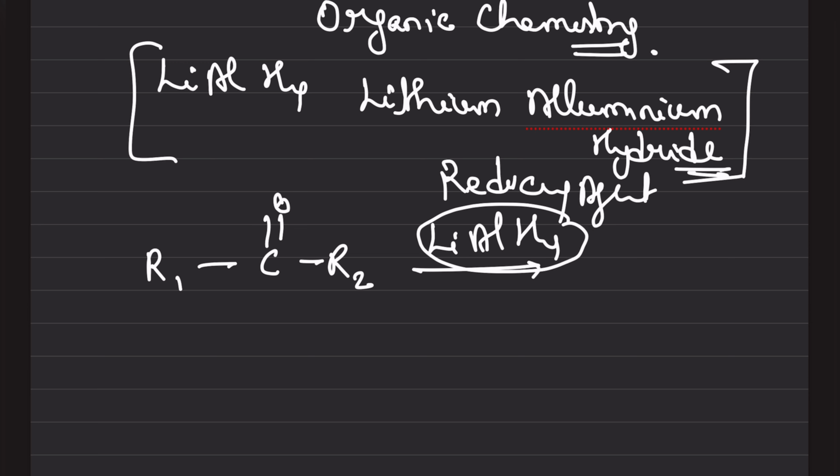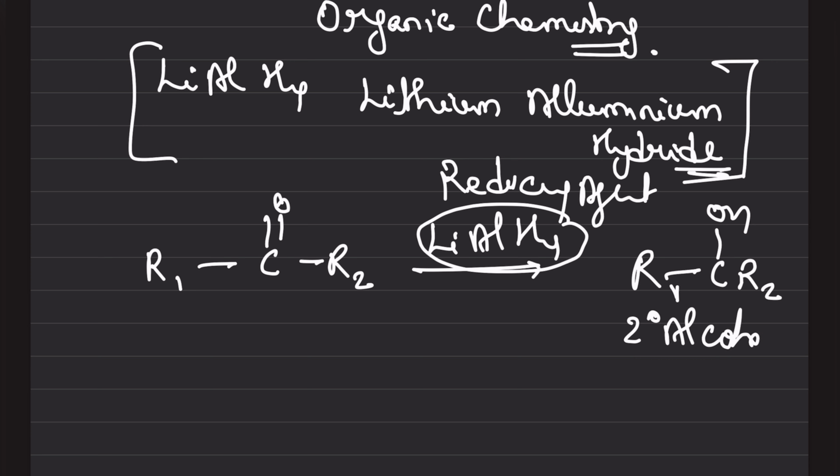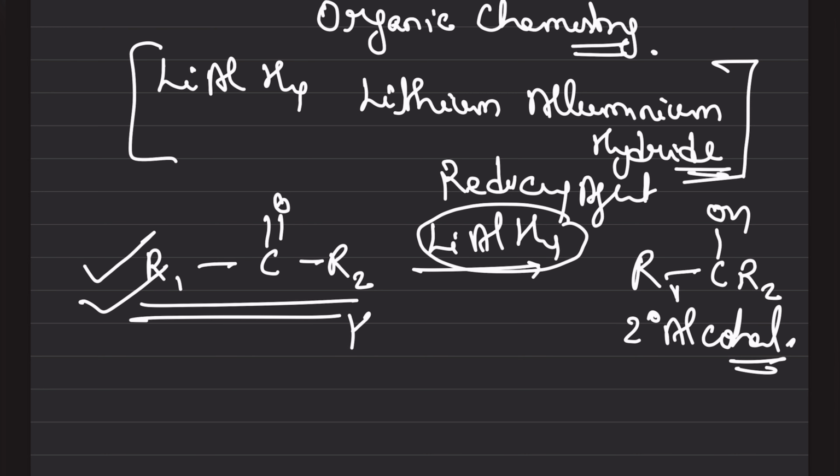So what is the product from this? The product will be R1CHOH R2. A 2-degree alcohol will be formed by reducing with LiAlH4. So a ketone goes to a 2-degree alcohol if LiAlH4 is present as a reagent.